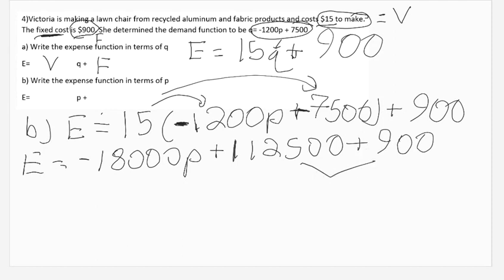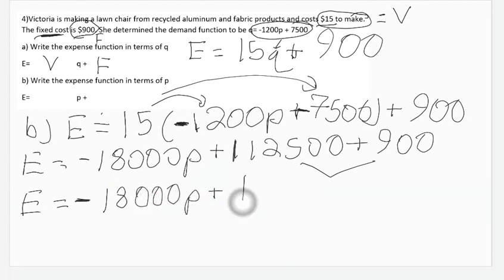Remember, we need to combine like terms, so I'm going to add those together. So our expense function in terms of P is going to be negative 18,000 P plus 113,400.